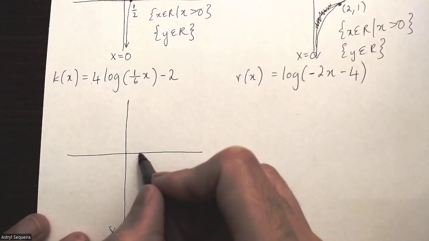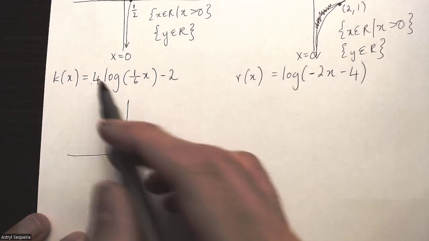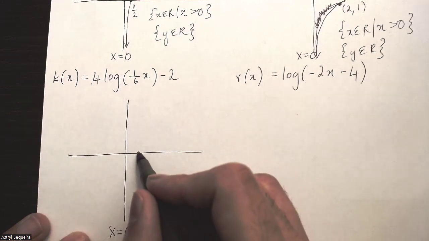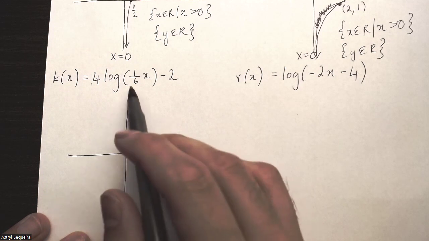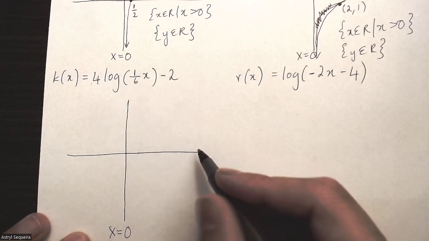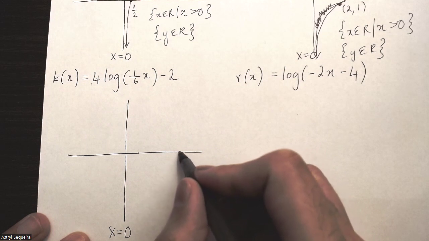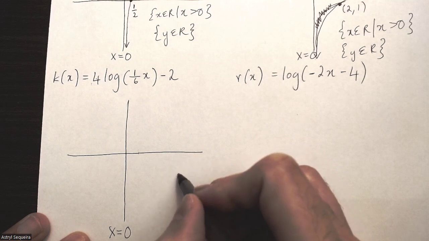So let's have the point over here at (1, 0). If I multiply 0 by 4 because of the vertical stretch, it stays at (1, 0). And then if I horizontally stretch it by a factor of 6, it moves to (6, 0). And then I have to move it down by 2 units. So it's over here at (6, -2).